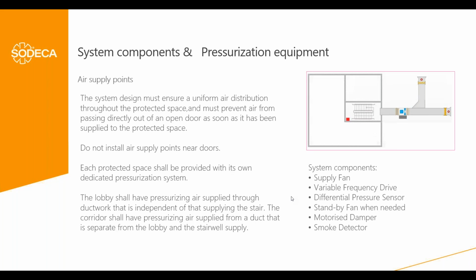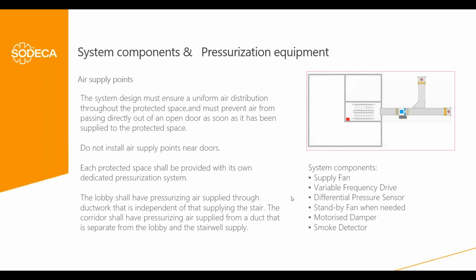About the air supply points, these are not part of our specific components. These are part of the installation, but it's interesting to consider the requirements of the standard. The goal of the system is to have a uniform distribution of air through the protected space and to prevent air passing directly out of an open door as soon as it has been supplied to the protected space.